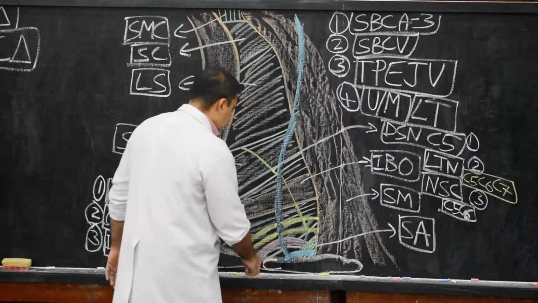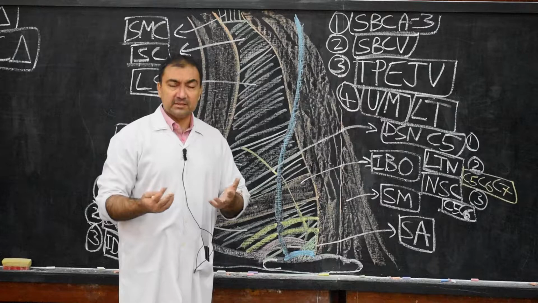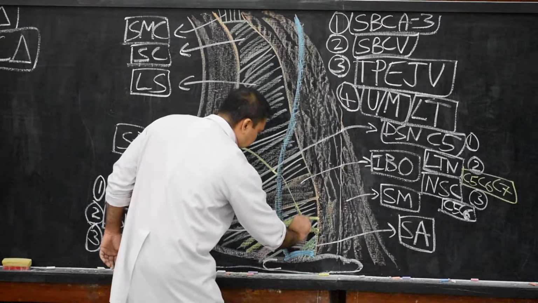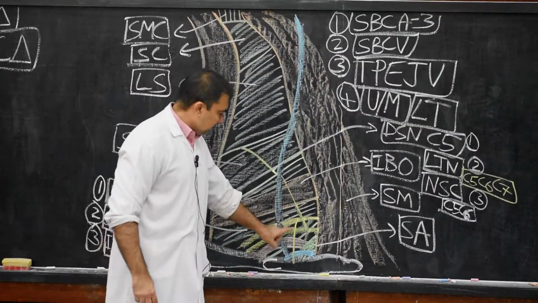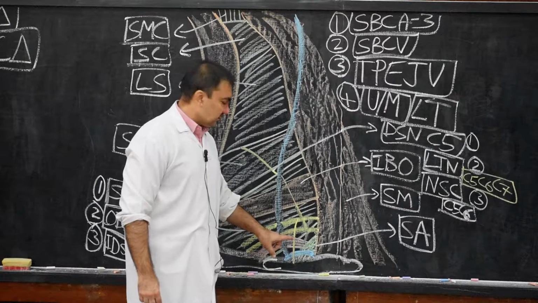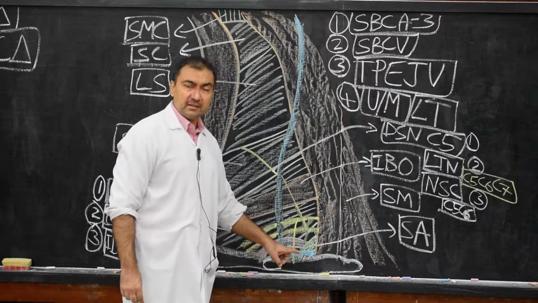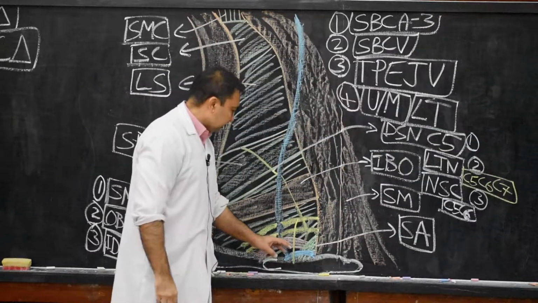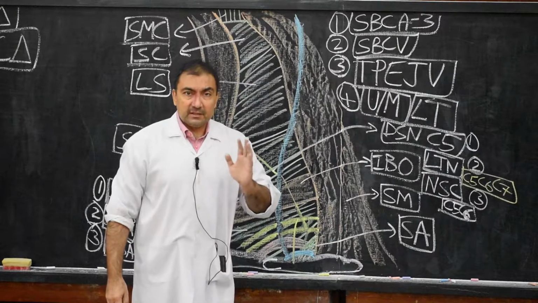Now this nerve to subclavius will be superficial to the brachial plexus and subclavian vessels. So here I am going to draw the nerve to subclavius. It will pass like this, superficial to the subclavian vessels and the brachial plexus, just behind the clavicle, and it will supply the subclavius muscle. Along with the subclavius muscle, it will supply some fibers to the sternoclavicular joint.